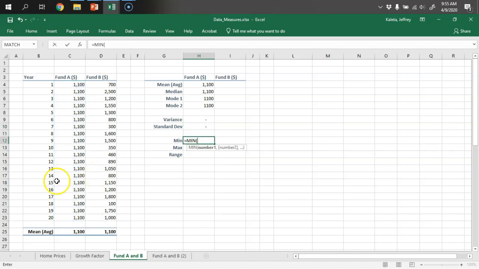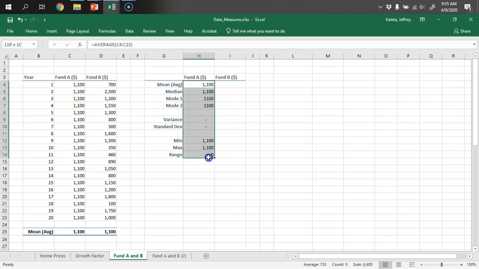This equals the minimum of that column. This equals the max of that column. And then the range we always have to do is a formula which equals the max minus the min, and it should be 0.